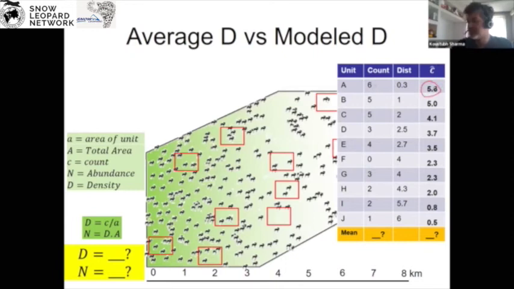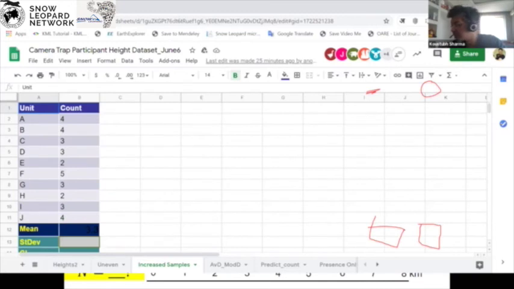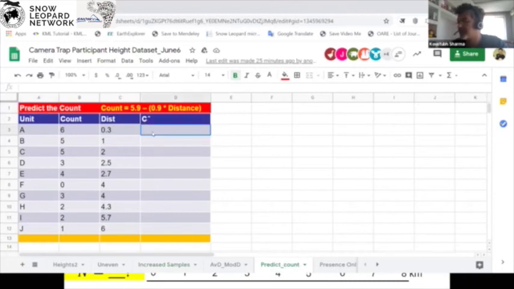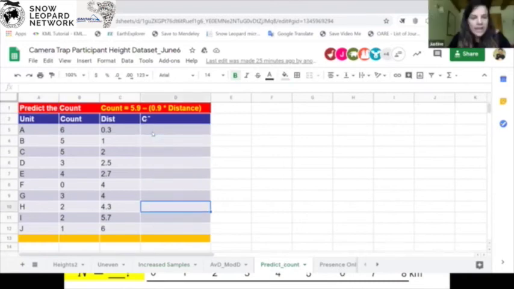They're fairly similar. Now, can I request you all to please use one of the Google Sheets and come up with the mean of the count and the mean of the estimated count. And if I may show you the file, I think it's this one. No, the AVD one, I think.